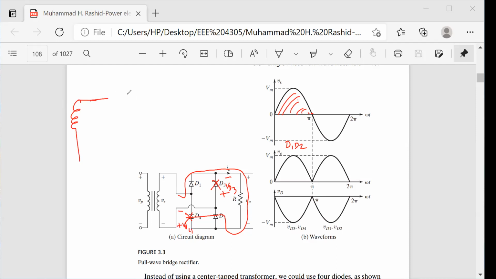So this one, D1 is conducting, and this is your resistance, and then you open, and then D2 is conducting.